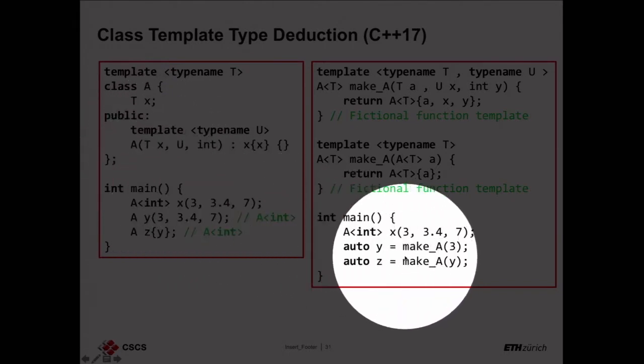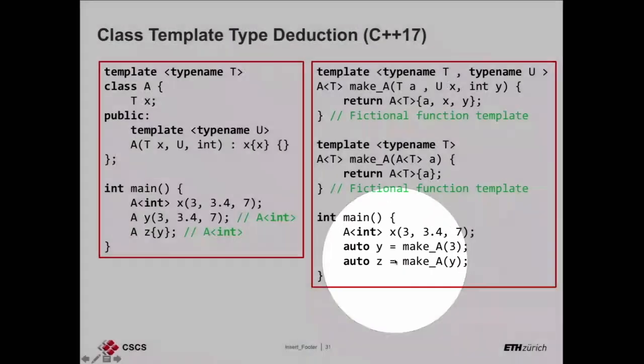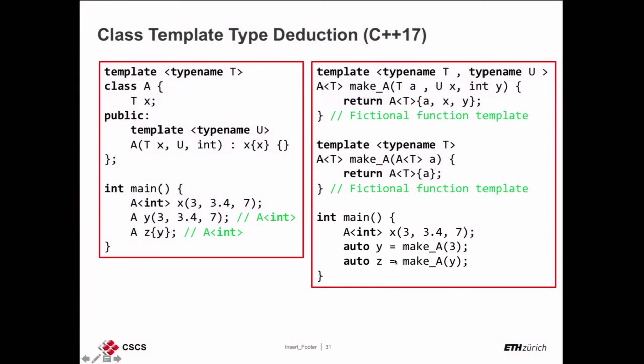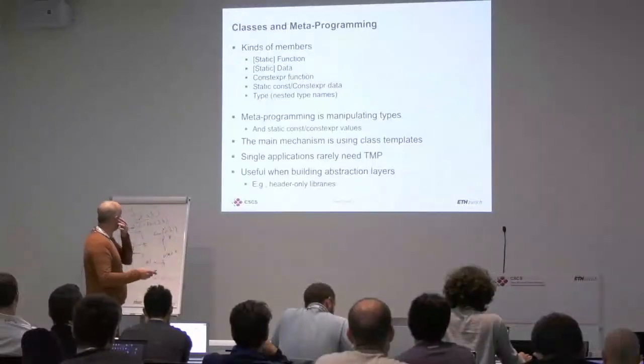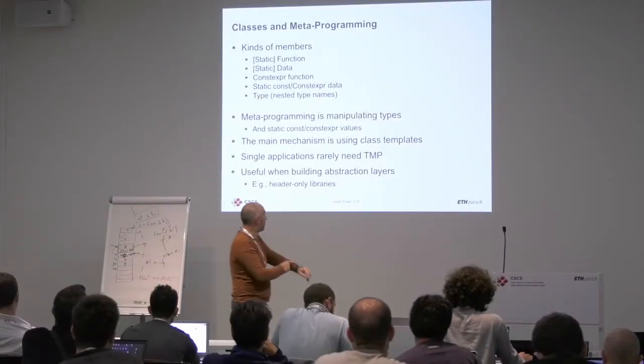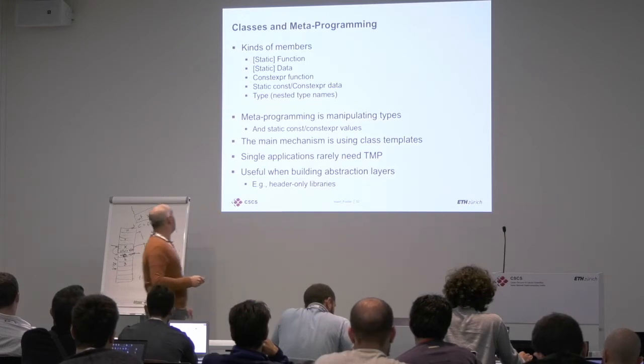Then I will have a make A that takes an integer, and it's basically doing behind the scenes what every developer has been doing, so having generators for the class. I don't want to go into a lot of details. It's going to be pretty late, so.